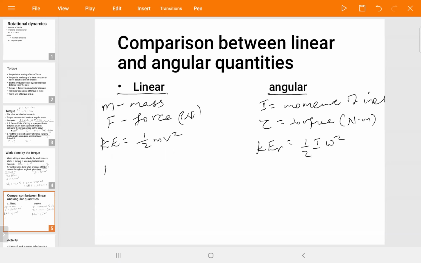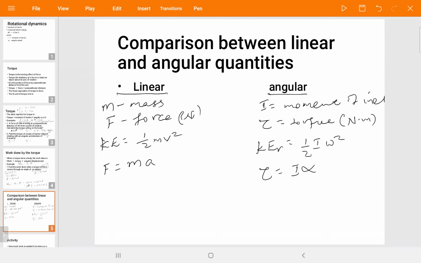For force, as you know, the expression is mass times tangential or linear acceleration. For torque, the mass equivalent in rotation is inertia, and the acceleration equivalent is angular acceleration. So these are the possible expressions in rotational motion.